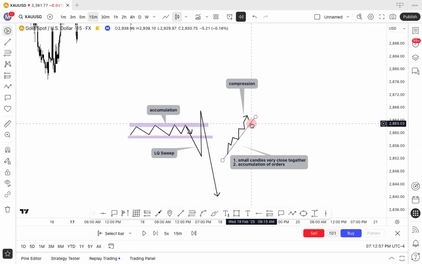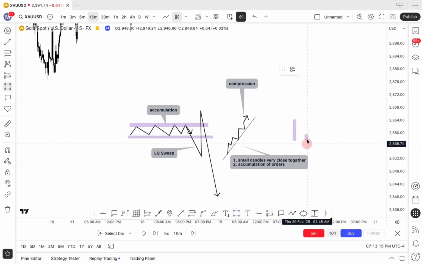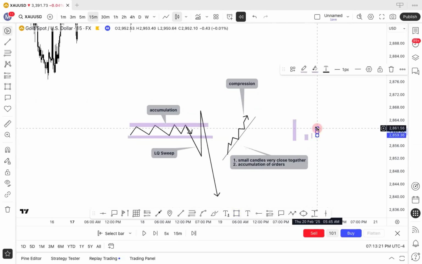Compression will do the exact same thing. It will create very small candles basically showing, you know what, we're indecisive. We're so indecisive that instead of creating these beautiful candles that we normally create, we're going to go very small. We might make a small bearish candle, a small bullish candle, and another small bullish candle because we just don't know where we want to go, right?